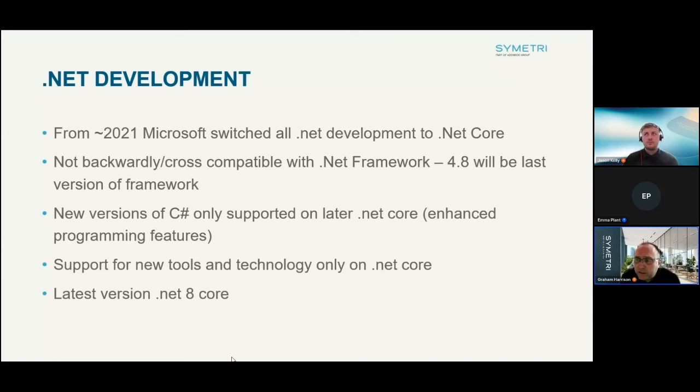There are all of the new programming features that are built into the languages. They're only supported on the later versions, and also support for any new technologies that are coming out. So we'll see it referred to as .NET Core. The latest version of that is .NET version 8.